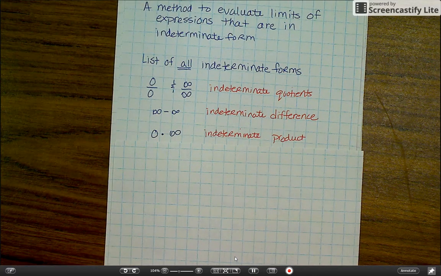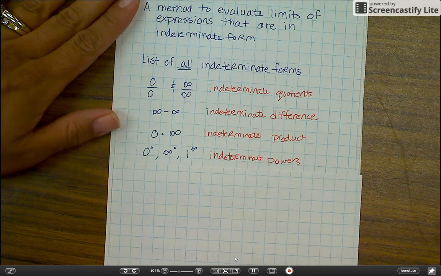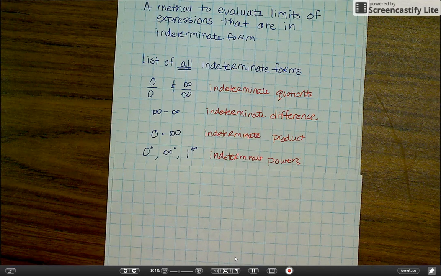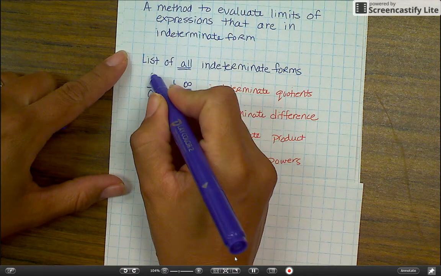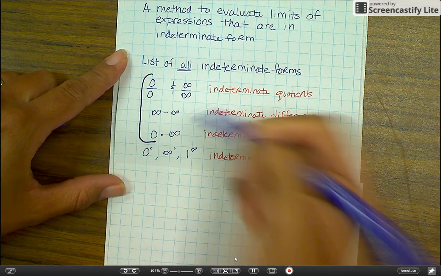Indeterminate product, 0 times infinity, or even 0 times negative infinity. And the last one is indeterminate powers, which we just need to be aware exist, but we're not going to do those, okay? We only need to know these ones.